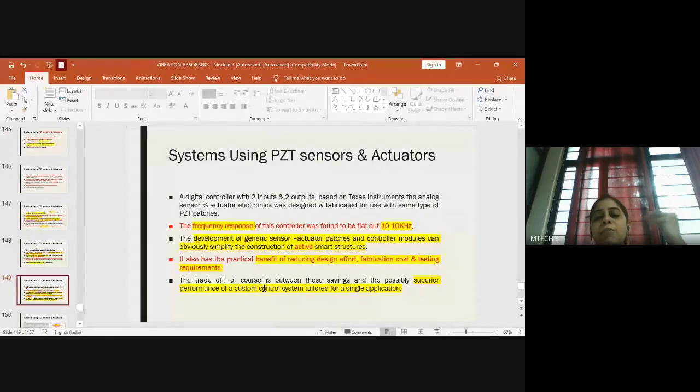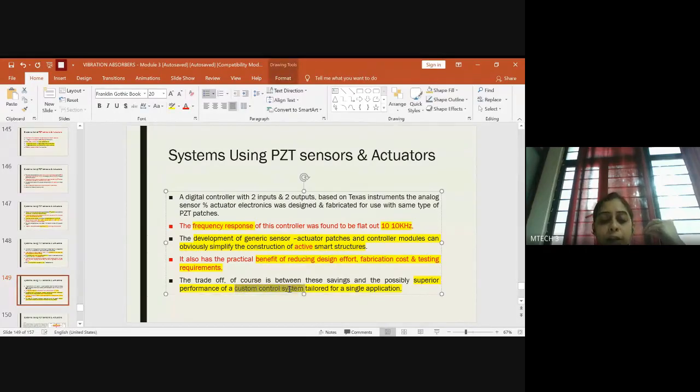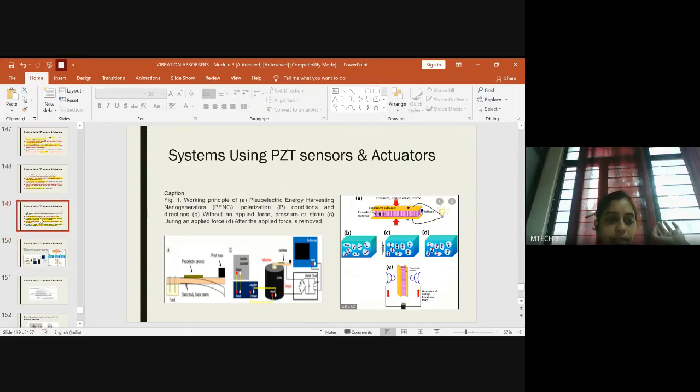So if you have an active smart structure which has to be used for more than one application, then you have to fine tune the control system. How can you fine tune the control system? By performing customization to it, right? You need to do the customization to the control system so that the performance of any complex structure could be obtained for different application purposes. So this was the thing he achieved successfully.